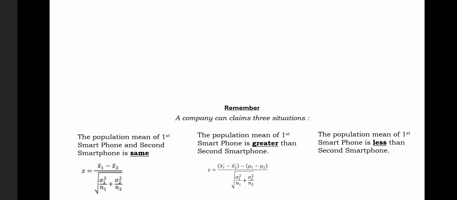In the second and third situations, you use mu1 minus mu2, the first smartphone's population mean minus the second's, in your formula. But in the first situation there is no use of mu, because if you subtract the same population mean, it will obviously be zero.